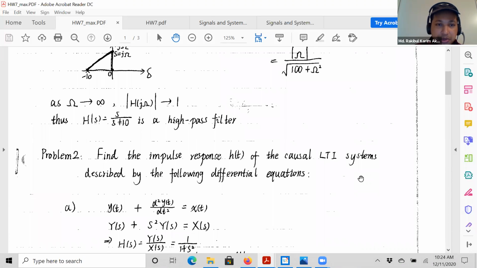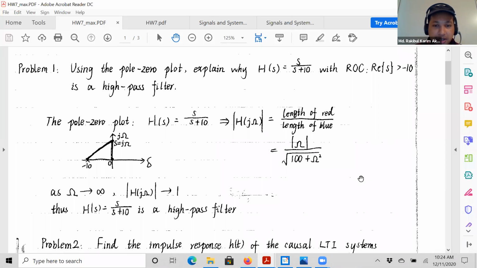For the previous question, you might see this part a little differently. For problem 1, instead of writing s, write j omega. Now if you take the magnitude, the j vanishes because j is imaginary, so you don't need to write the j.